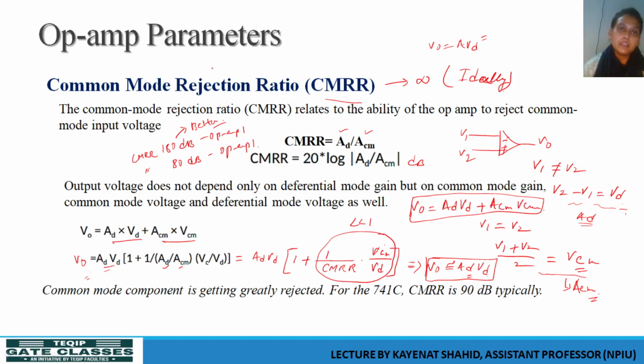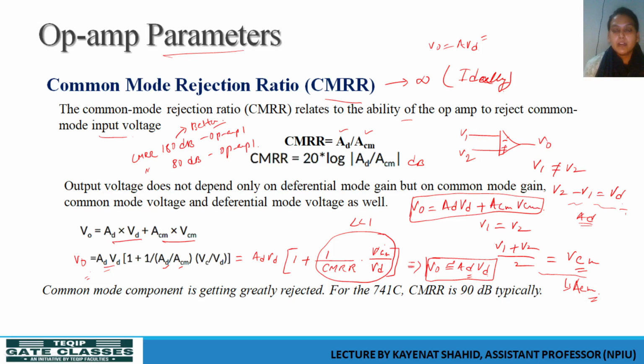We need to know this performance parameter, the value of CMRR of the particular op-amp that we are going to use, because it determines the ability of an op-amp to reject common mode signals. This is important because common mode signals are signals common to both terminals, and these are mainly noisy, unwanted signals.